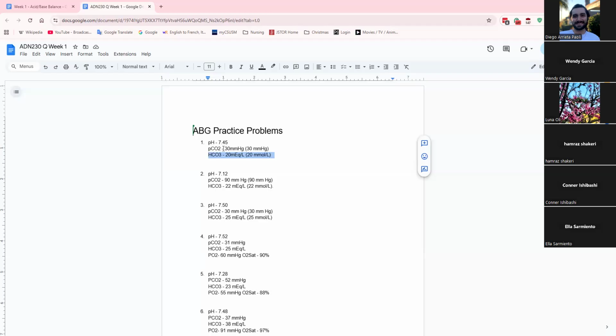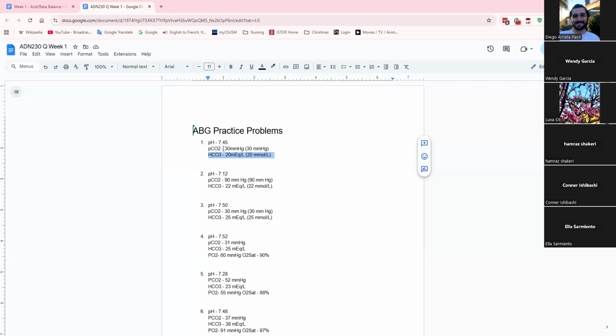So when something is being compensated, you'll see that both the matching value and the opposite value are abnormal. In this case, the matching value is the CO2, and the other value is the bicarb. They're both abnormal.